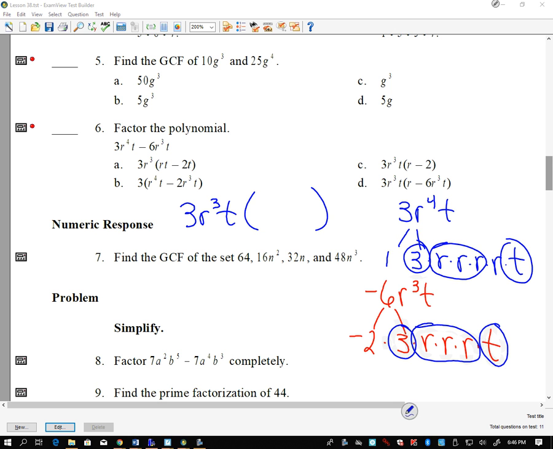I didn't use this 1, and I didn't use this r, so that's 1r or r. I didn't use this negative 2. Negative 2, and that should be about all that's left. And I believe if you look, you're going to get 3r cubed t times r minus 2. C is my answer.